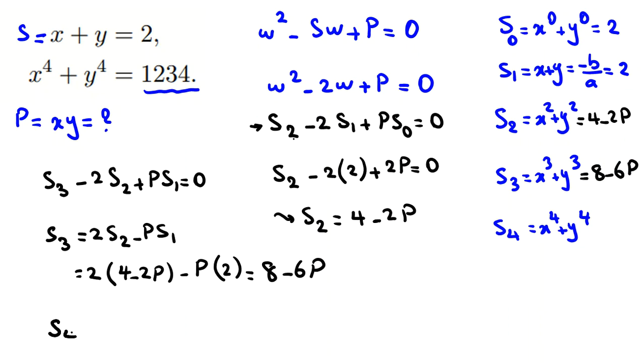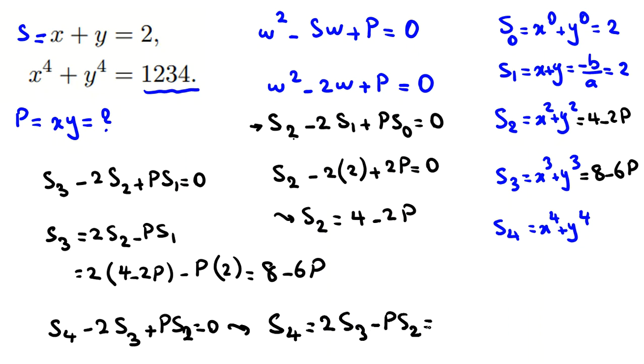Again, I write S4 by increasing all indices by 1: S4 minus 2S3 plus PS2 equals 0. So S4 equals 2S3 minus PS2.